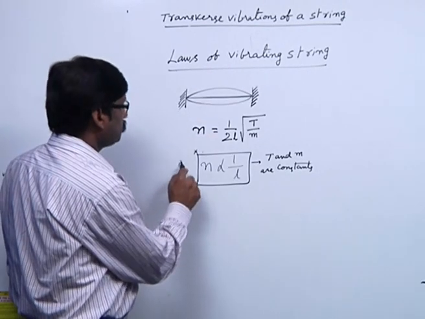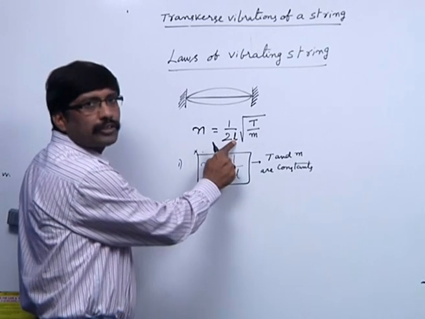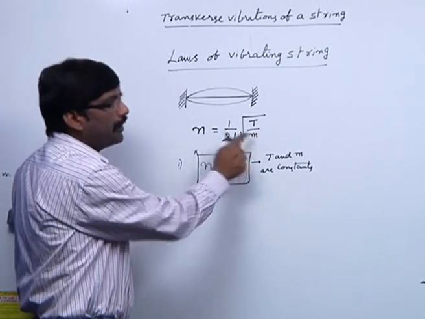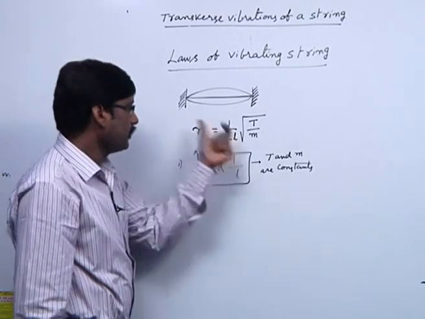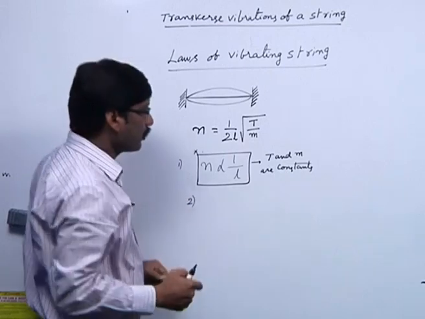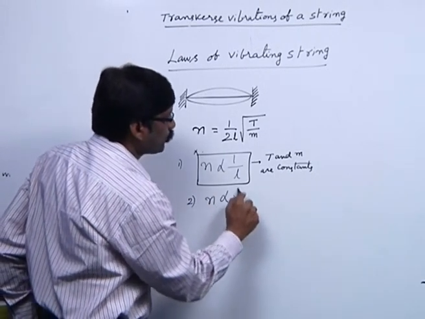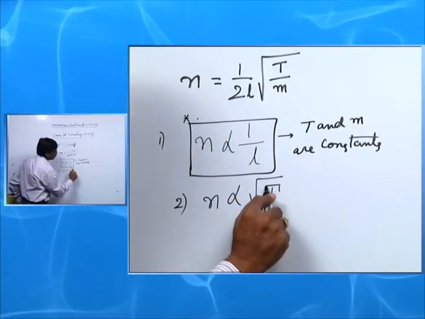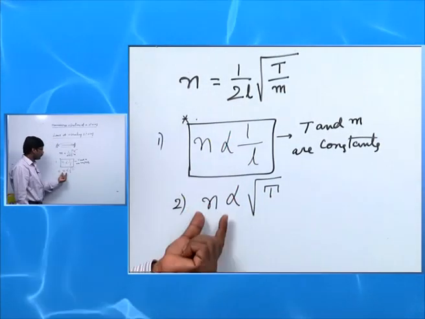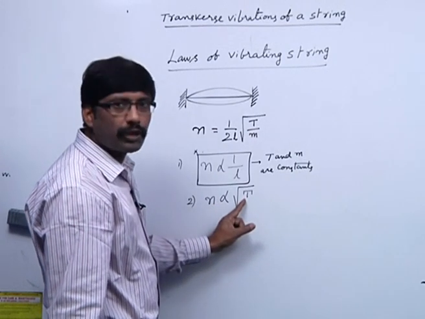The second one: when the length of the string and linear density remain constant, the frequency is directly proportional to the square root of tension.